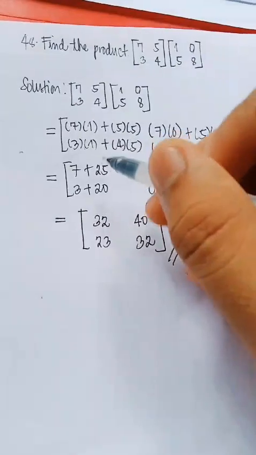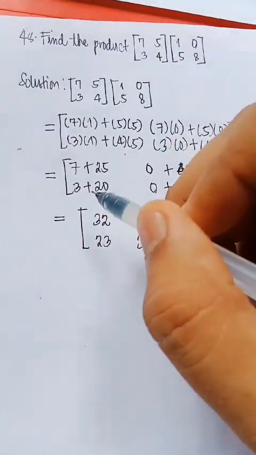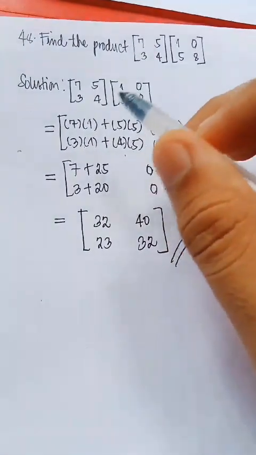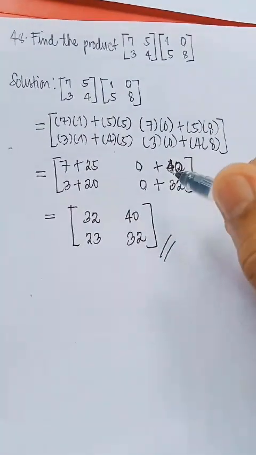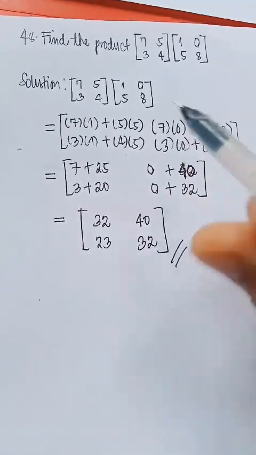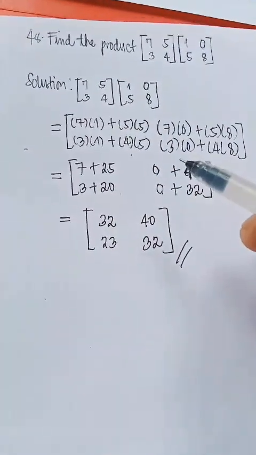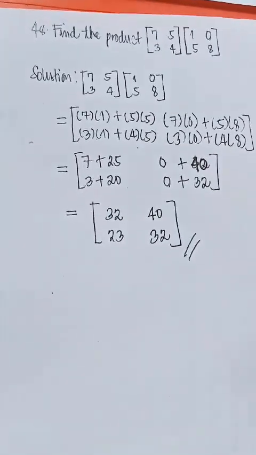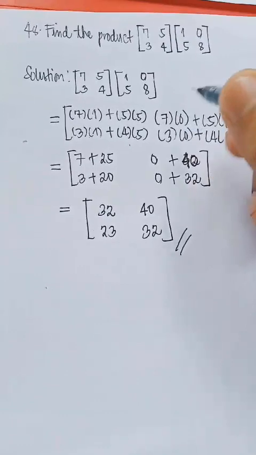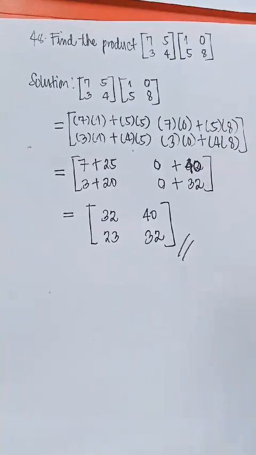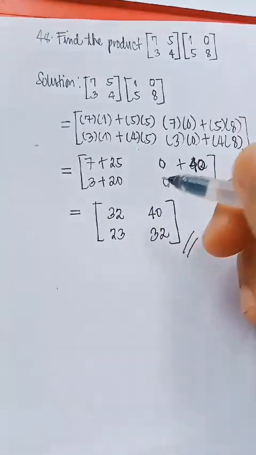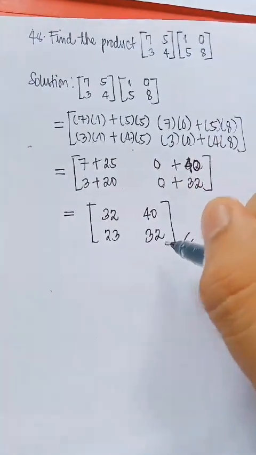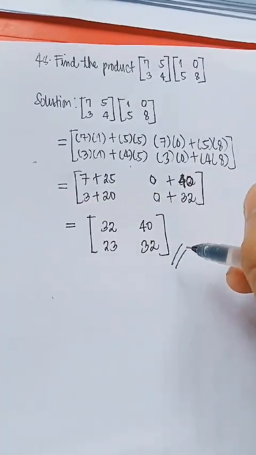Next, 3 times 1 is 3, and 4 times 5 is 20. 3 times 0 is 0, and 4 times 8 is 32. So the resulting answer based on the matrices is 32, 23, 40, 32. This is our final answer.